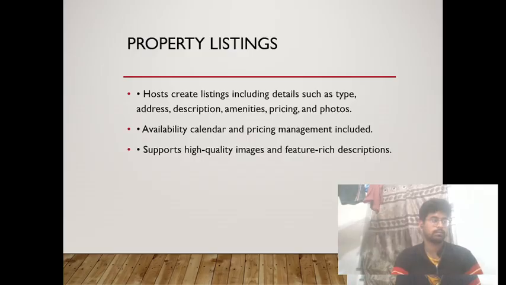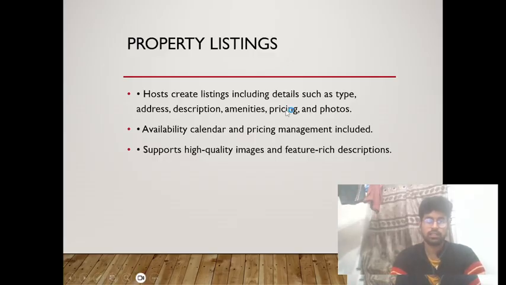Property listing. On this page of the website, the host creates a listing including details such as type, address, description, amenities, pricing, and photos. Host upload property details, amenities, and image data is dynamically fetched from MongoDB and displayed instantly.